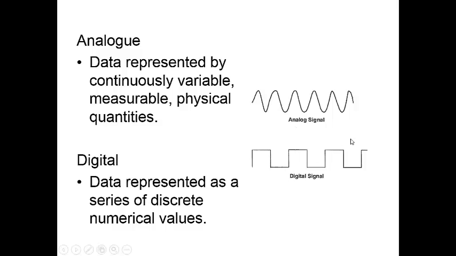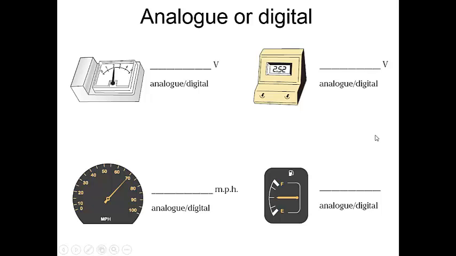So let's just look at some examples of either analog or digital. I'm going to show you some diagrams here. Okay. So first of all, in the top left we have an analog voltmeter. It shows the continuous change, whilst top right we have a digital voltmeter.